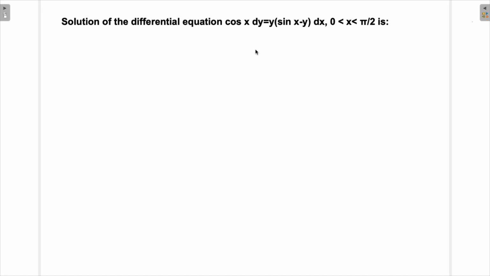The very first thing we do in such cases is try to write this in dy by dx format. If I write it in dy by dx format, what I get is y sin x minus y, and then I have to divide it by cos x.